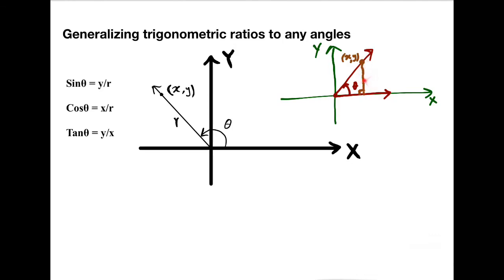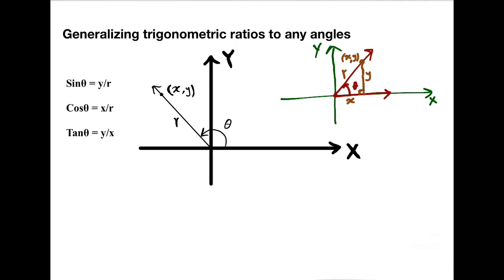That's the height of this point, and the hypotenuse is root x squared plus y squared. That's the Pythagorean theorem. But for the moment, let's just call the hypotenuse r. So this one is x, and this one is y.